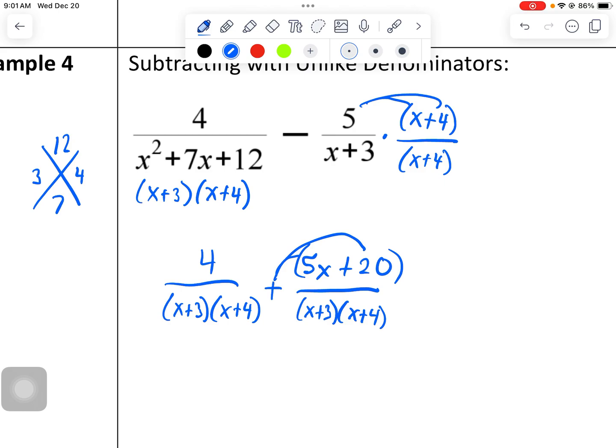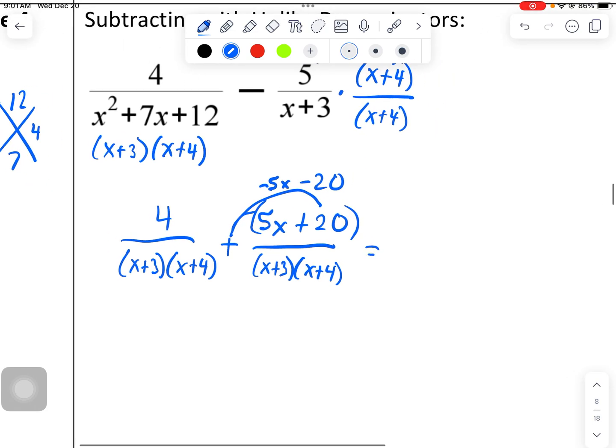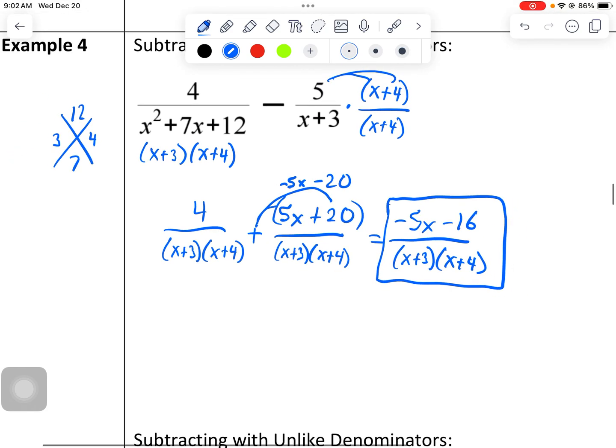So this would be the same as adding negative 5x minus 20. So then we would get negative 5x, and if we do 4 minus 20, that would give us negative 16 over, that denominator doesn't change, x plus 3, x plus 4. So just be really careful when you're subtracting because you have to add the opposite, distribute that negative sign for all terms on the right side.